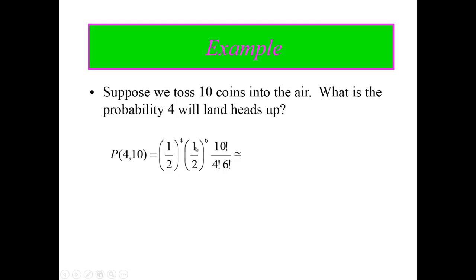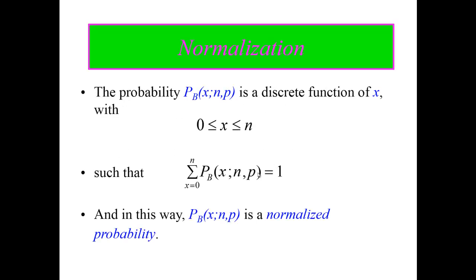Each tail, of course, has a probability then of 1 minus 1/2, or still 1/2, to the 6th power, because there are 6 tails. And then we take our number of trials, which is the number of coins, factorial, over 4 factorial, 6 factorial, and this gives us approximately 21%. So we would expect 21% of the time that we would get 4 heads if we toss 10 coins.